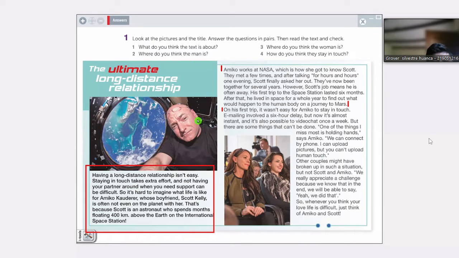So it's hard to imagine what life is like for Amico Conger, whose boyfriend Scott Kelly is often not even on the planet. That's because Scott is an astronaut who spent months orbiting 400 kilometers above the Earth on the International Space Station.